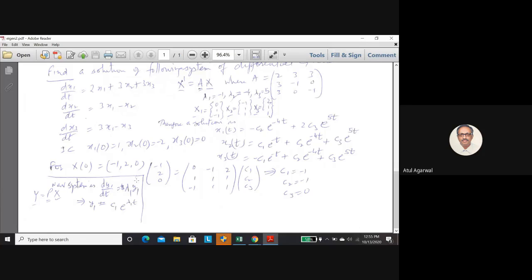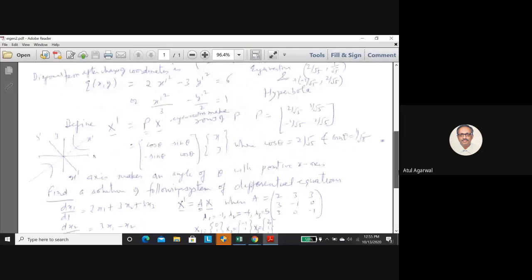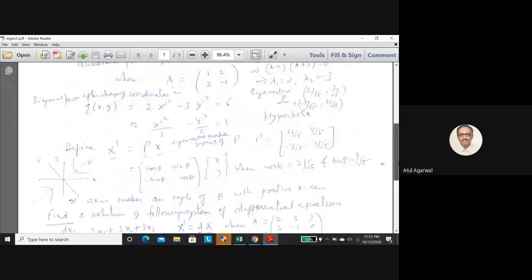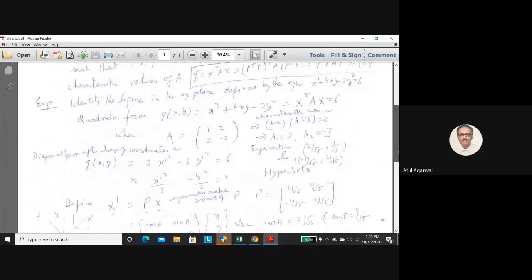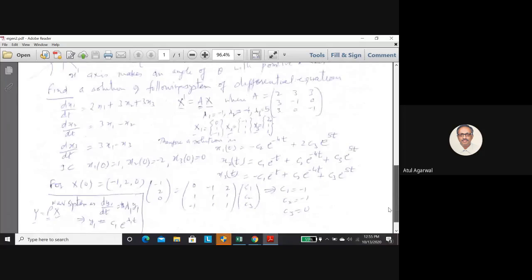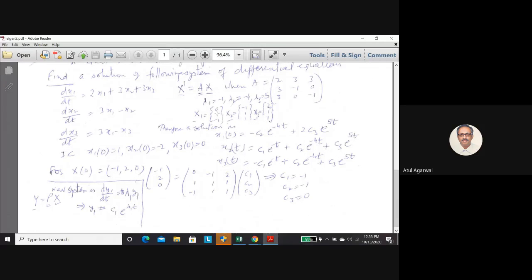Okay, but you want to get your x solution. What is your x? x is given as P transpose y. So this is your P matrix, which consists of these eigenvectors. Okay, so you use P transpose y. So your x will become P transpose into these y's.